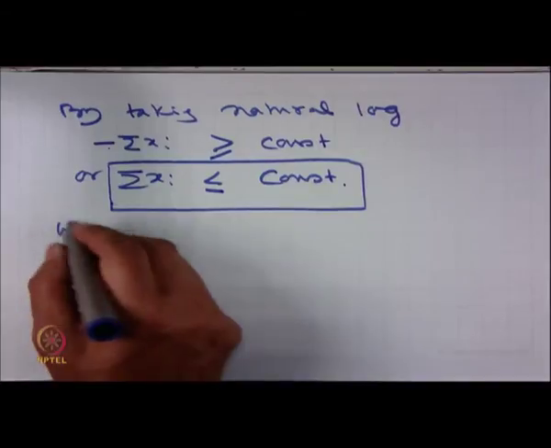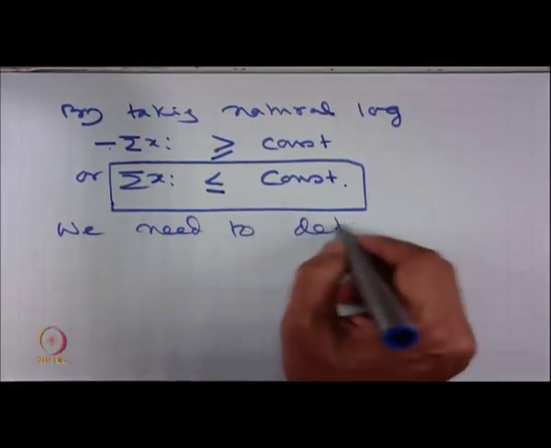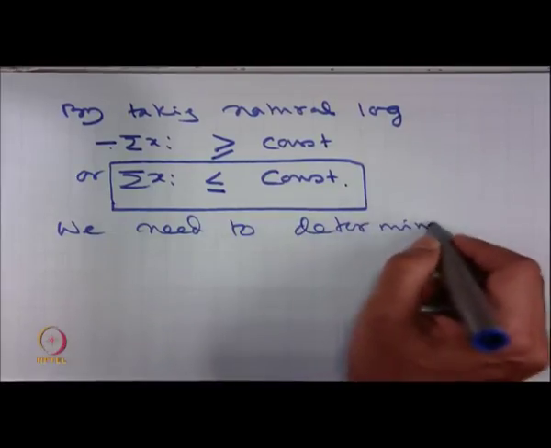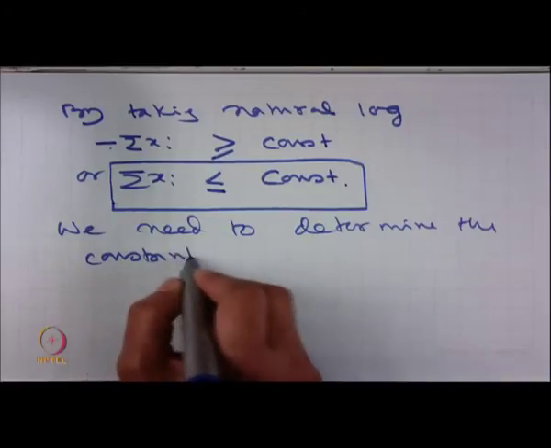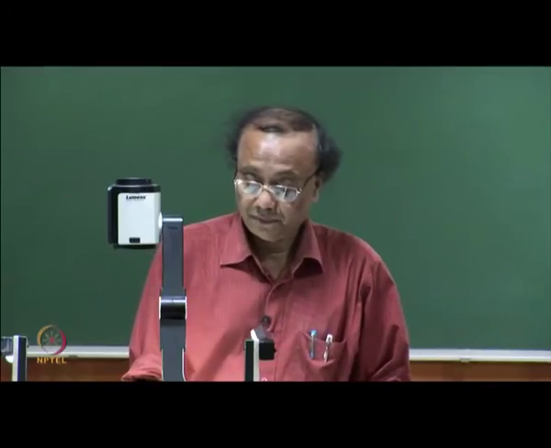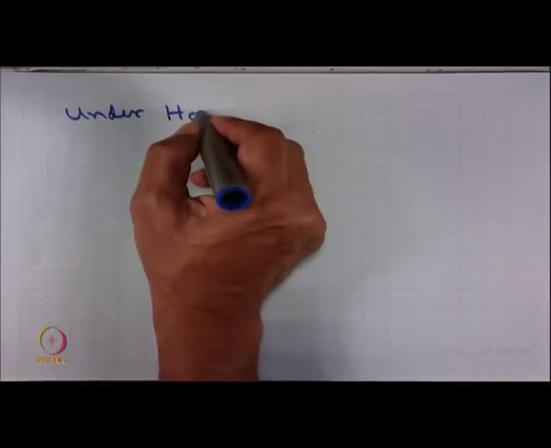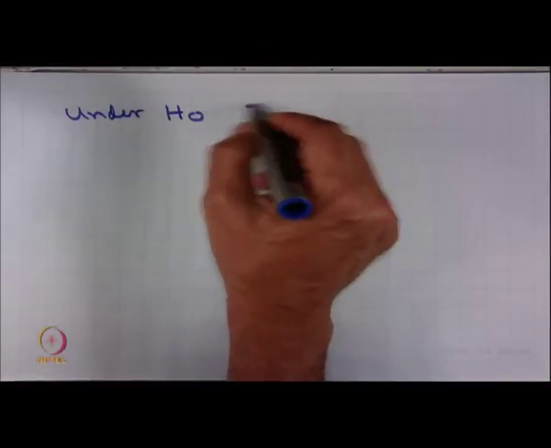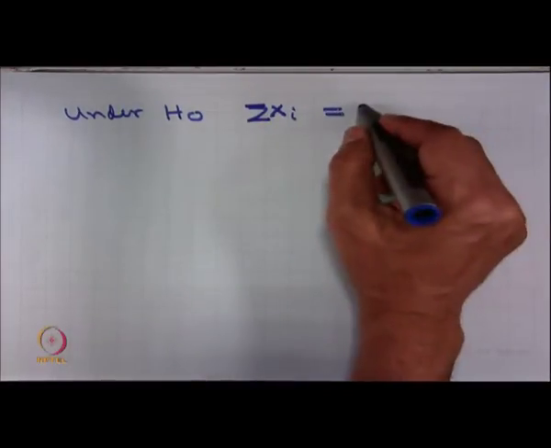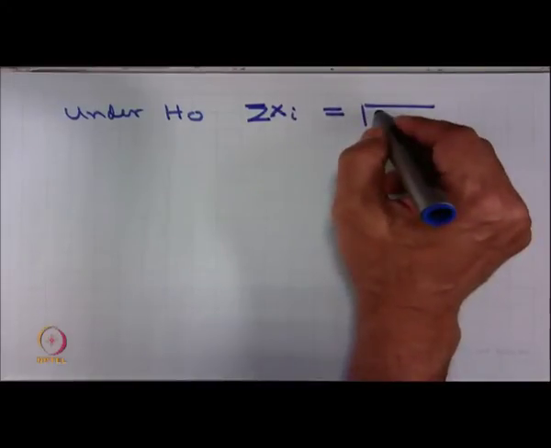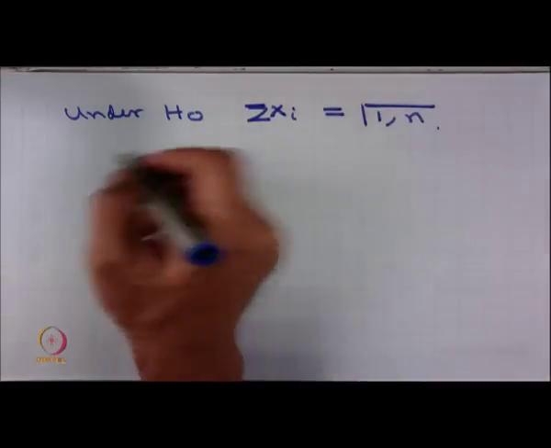Now, we need to determine the constant. Under H naught, sigma xi is gamma 1 comma n.